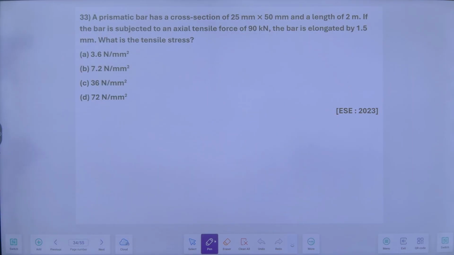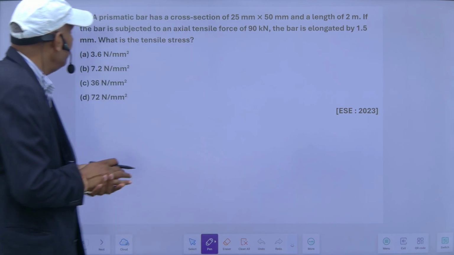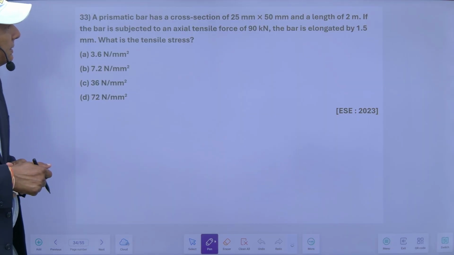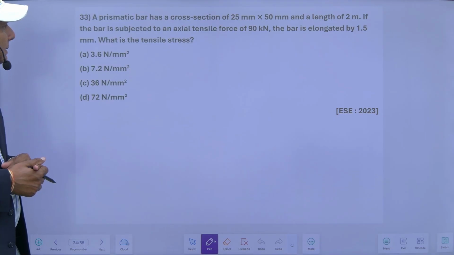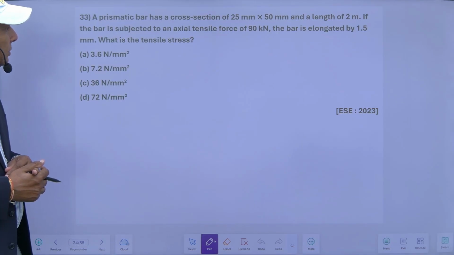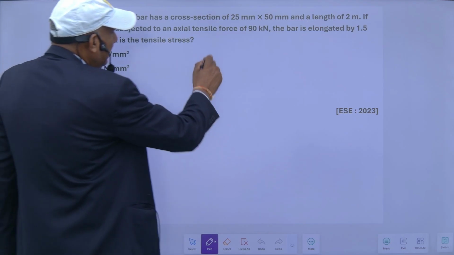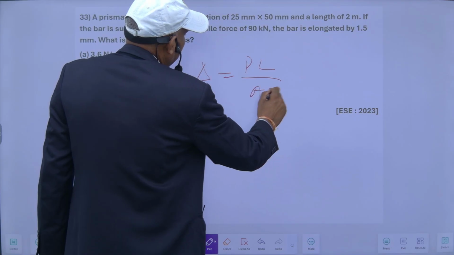A prismatic bar has a cross section of 25 into this and length of 2 meter. If the bar is subject to an axial tensile force and elongated by this one, what is the tensile stress? So in this case, elongation is delta, elongation will be PL upon AE. So this is the formula.